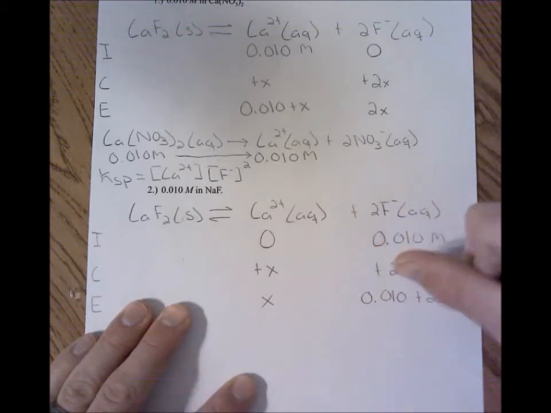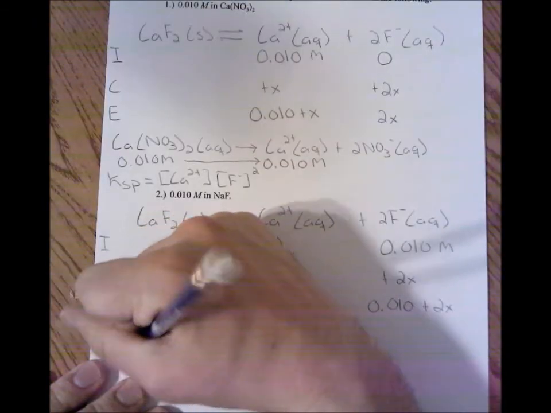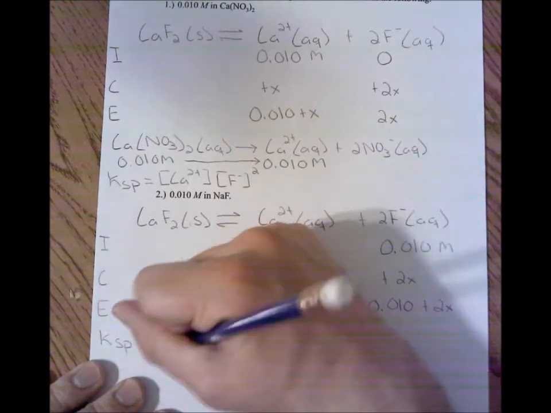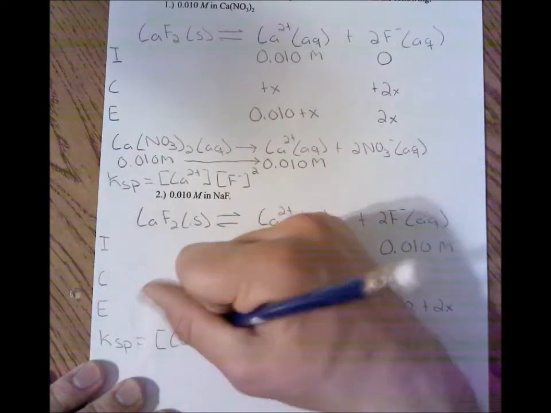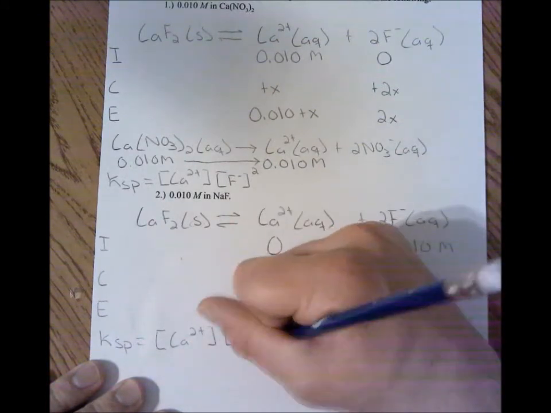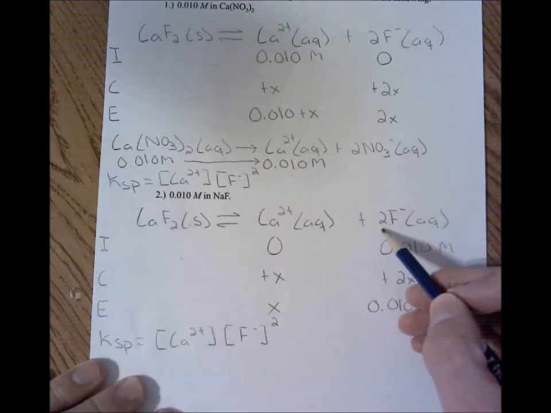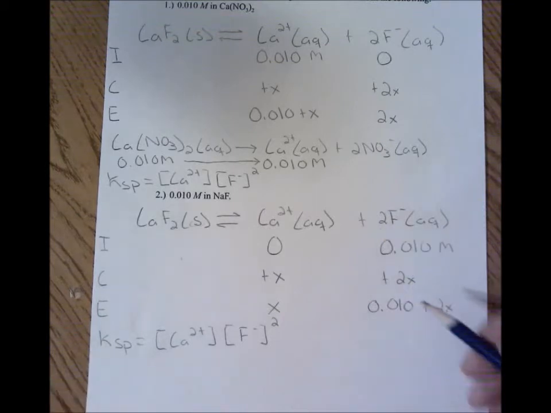So now we go back to our Ksp, which is the same Ksp. Ksp equals the concentration of our calcium 2 plus ions times our fluoride ions, but we have to remember to square that because of that coefficient. We insert our values back into our Ksp expression.